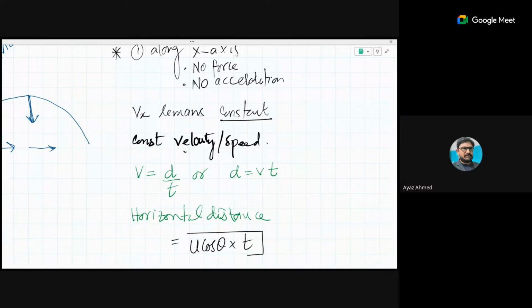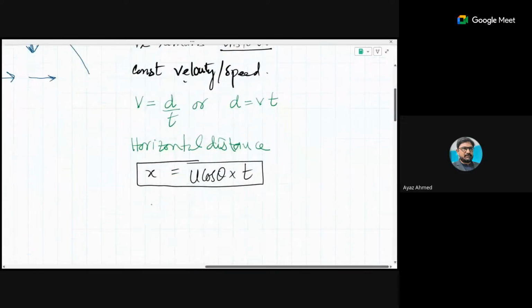This is basically the horizontal distance traveled by the projectile. Or in other words, v cos theta, because u cos theta and v cos theta are the same, into time.